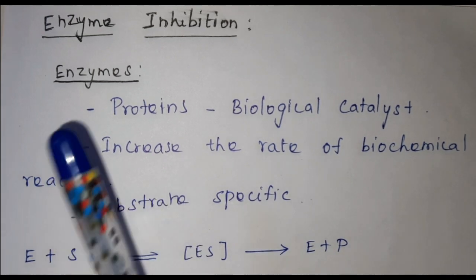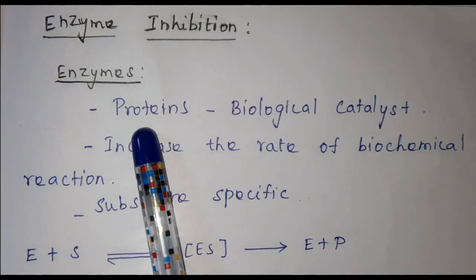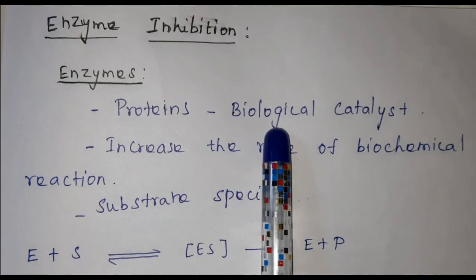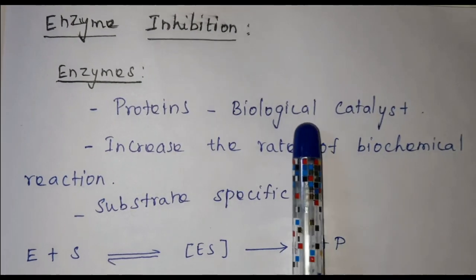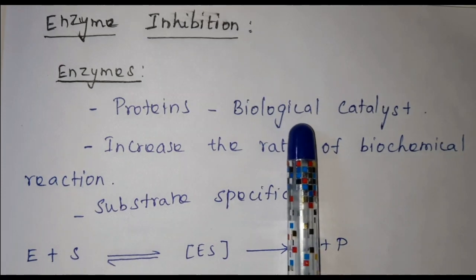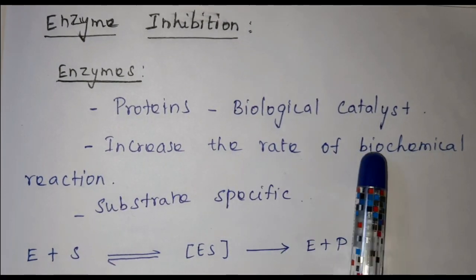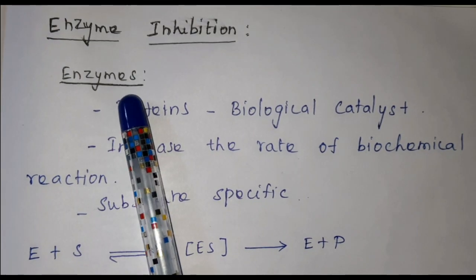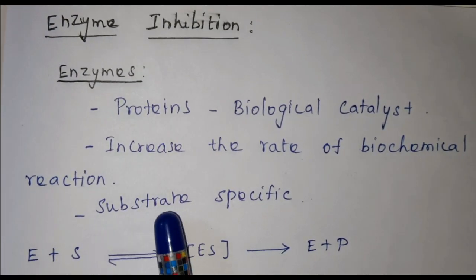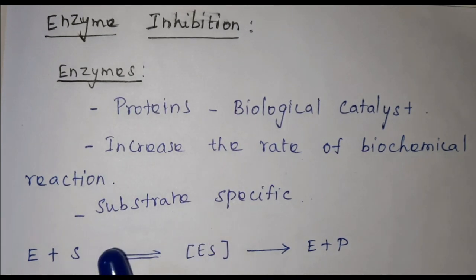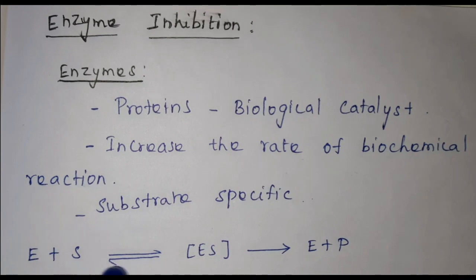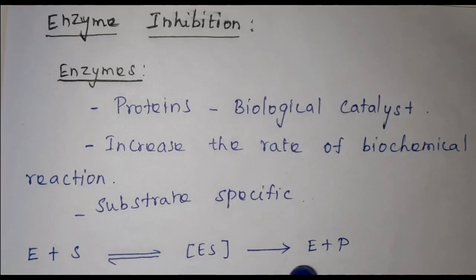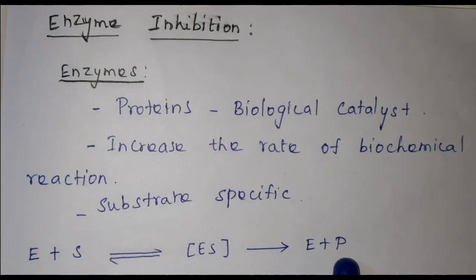As we know, enzymes are proteins which act as biological catalysts. These biological catalysts are used to increase the rate of biochemical reactions, and these enzymes are very specific to their substrate. The enzyme catalyzed reaction is enzyme plus substrate gives enzyme substrate complex, and this enzyme substrate complex dissociates into enzyme and product.